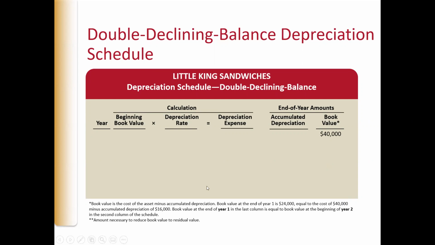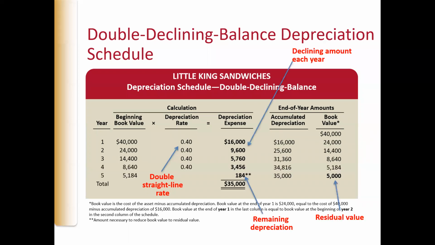When we do double declining, we literally double the straight line rate. In the previous example, we depreciate over 5 years. Straight line would be 20%, but under double declining, we double it, so we take it by 40%.